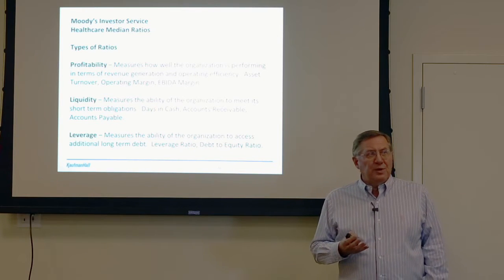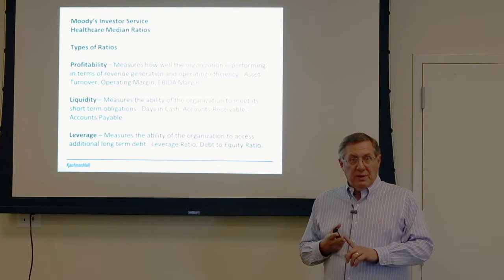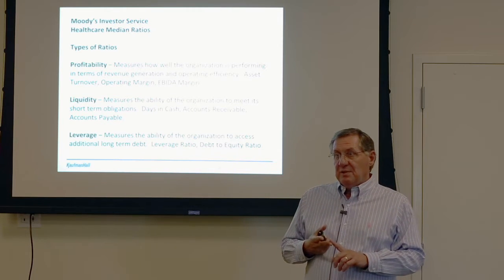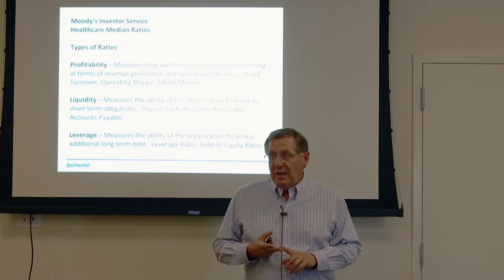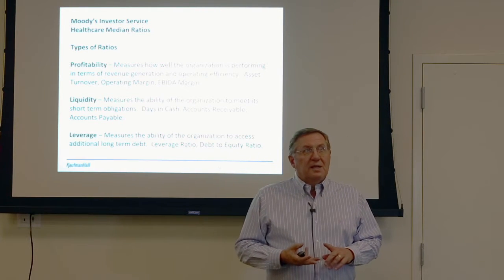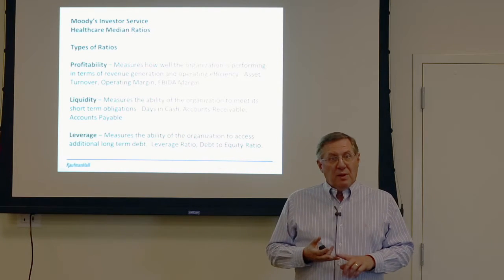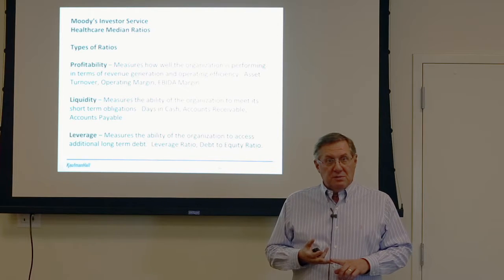So there's basically three types of ratios. The first type is called profitability, which is, how efficient is this organization at producing a bottom line, given what they have. The second is liquidity, which is, do they have the ability to meet their short-term obligations?